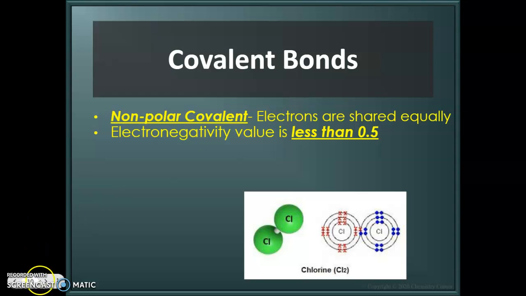Okay, so let's take a look at an example. We're going to do chlorine gas, which is Cl2, right? We want to know if this is going to be nonpolar or polar. We know it's covalent because it's a bond between two nonmetals, but we have to figure out what the electronegativity difference is.